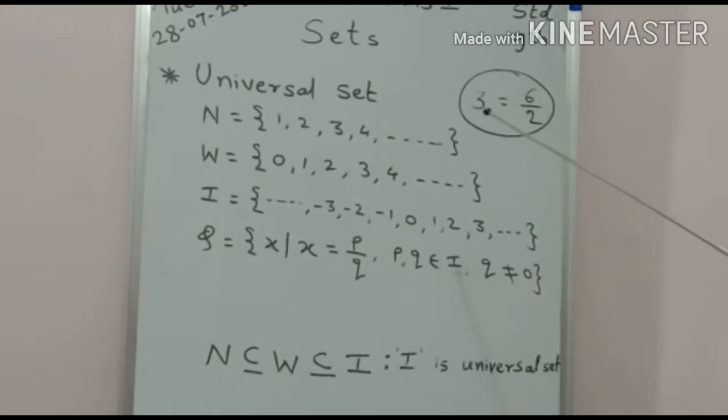This means natural numbers are in rational numbers, and whole numbers are also in rational numbers.